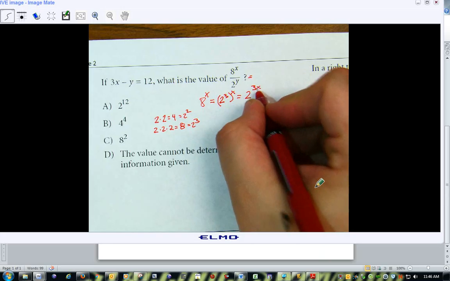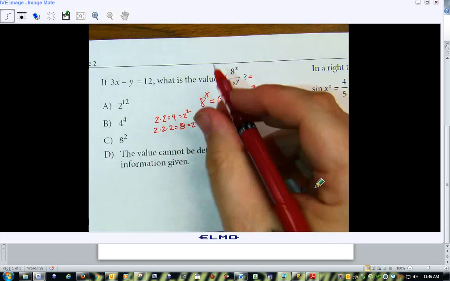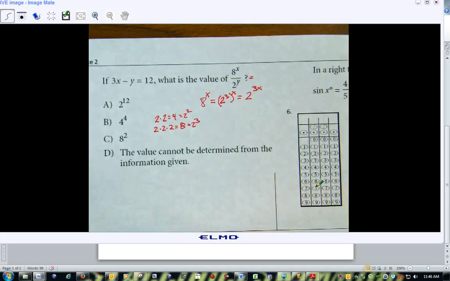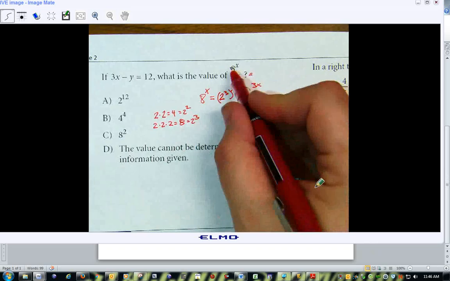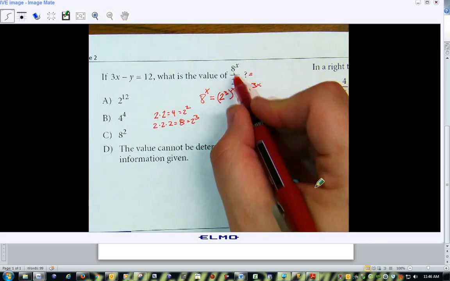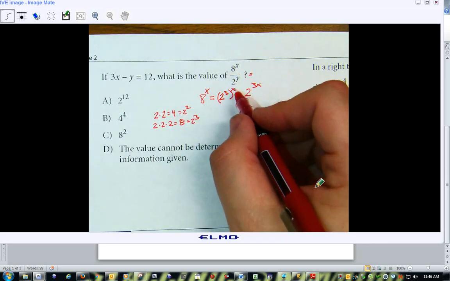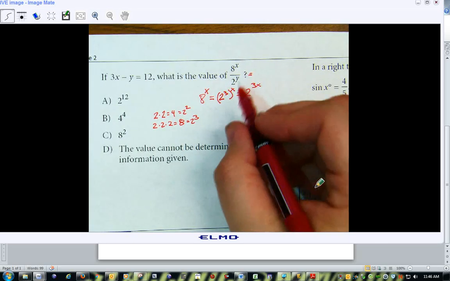Now, the whole idea in this problem is that since 2 and 8, 8 is a power of 2. It's just 2 to the third power. We end up with 2 to the 3x over 2 to the y.